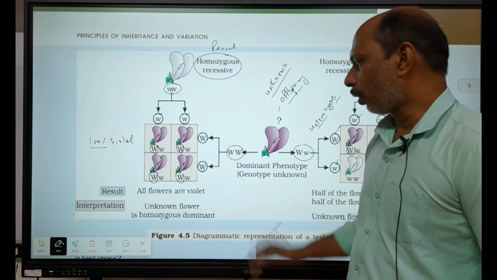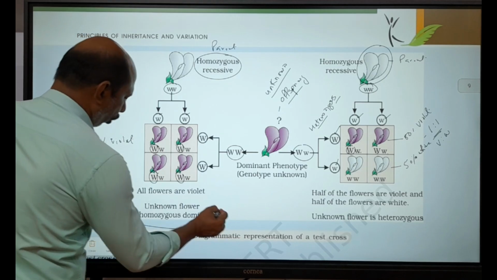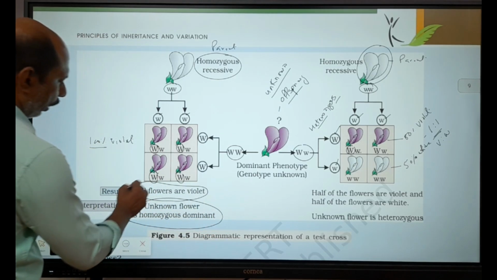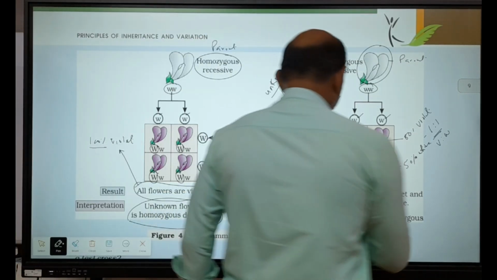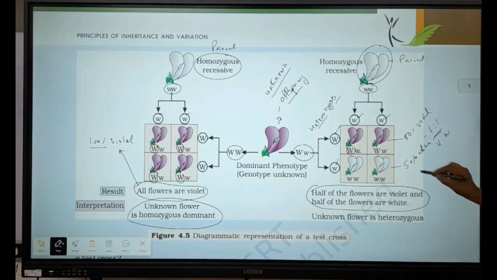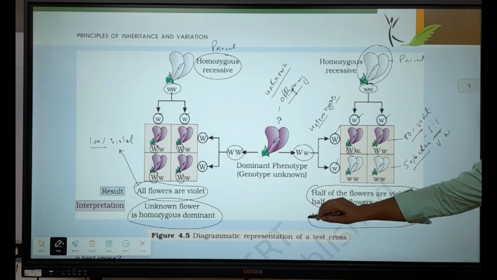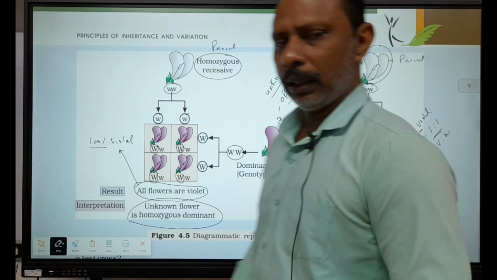So through the test cross, we understand that the unknown flower is homozygous dominant, because all flowers are violet. All means 100% are violet. Here, half of the flowers are violet and half of the flowers are white, so the unknown flower is heterozygous. You understand how we get the idea.